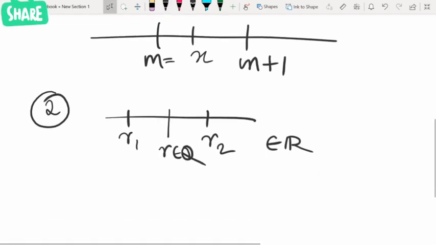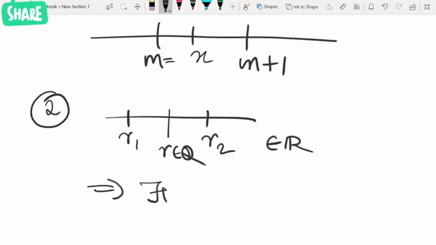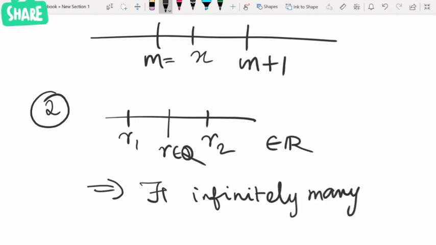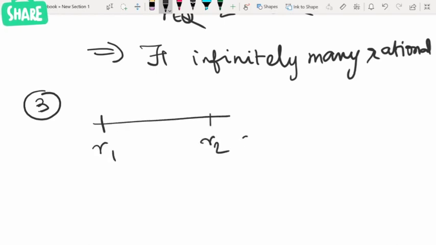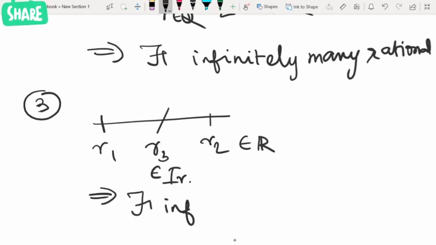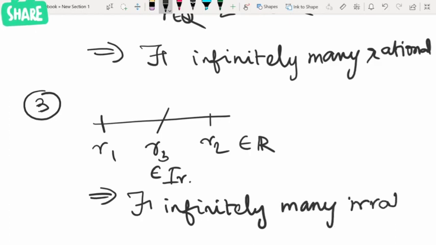This implies that there exist infinitely many rational numbers in R. In a similar way, between any two distinct real numbers, there always exists an irrational number, let it be r3. So there are infinitely many irrationals.